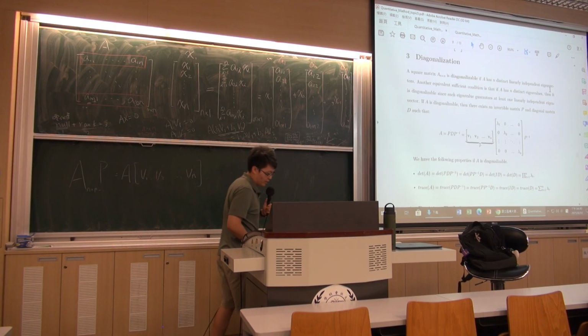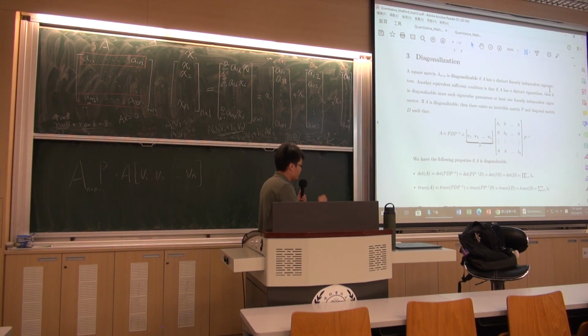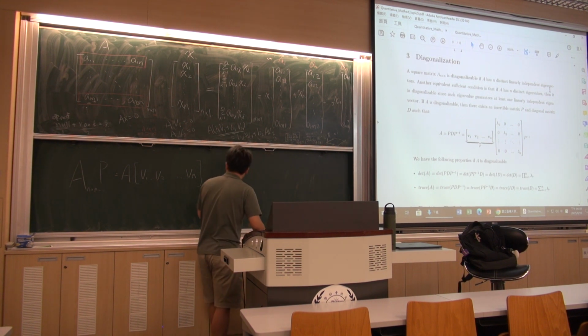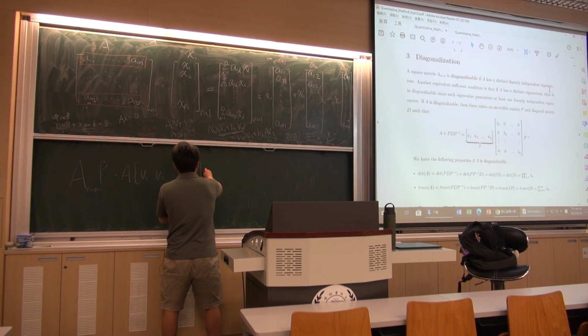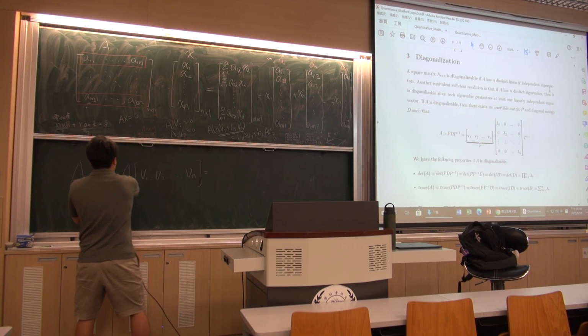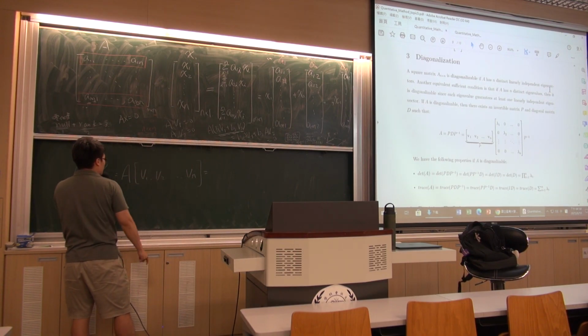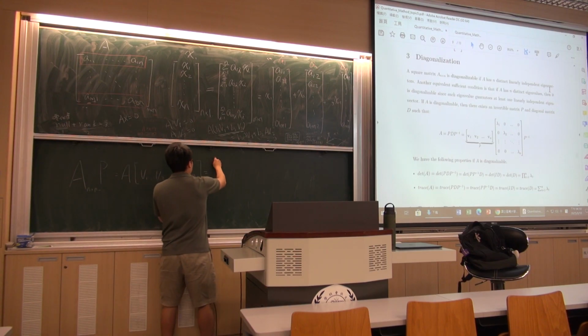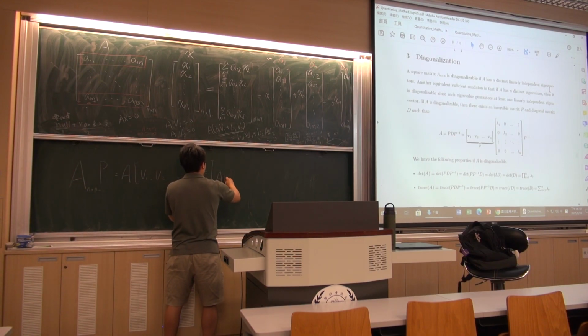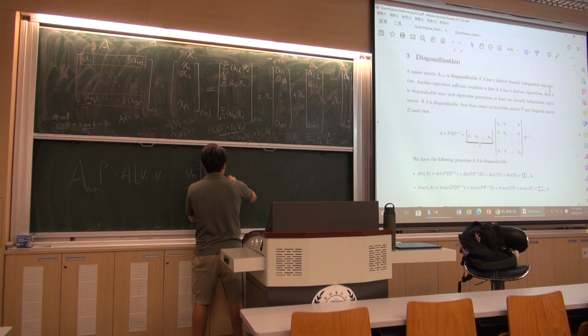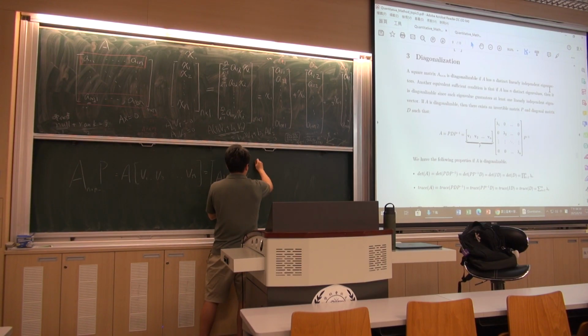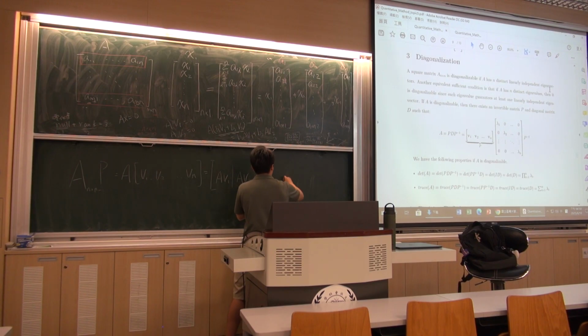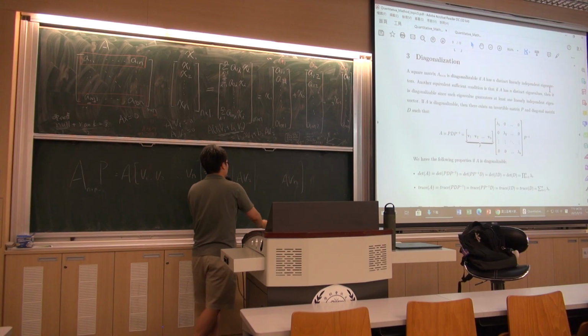According to the definitions, we can put A inside into each column here. So what you will get is something like this. This is column 1. This is column 2.